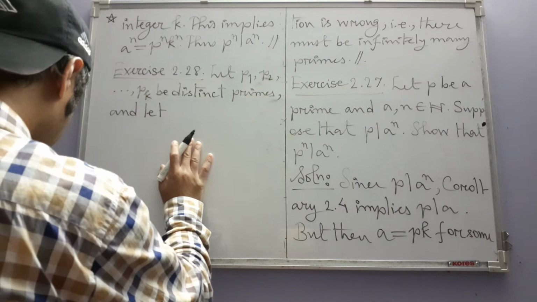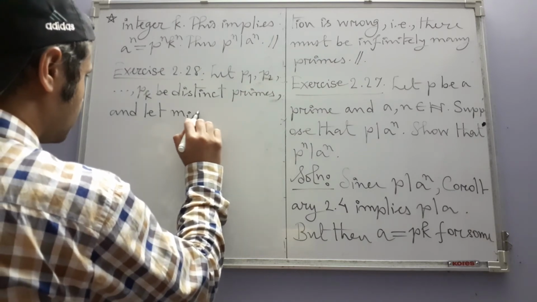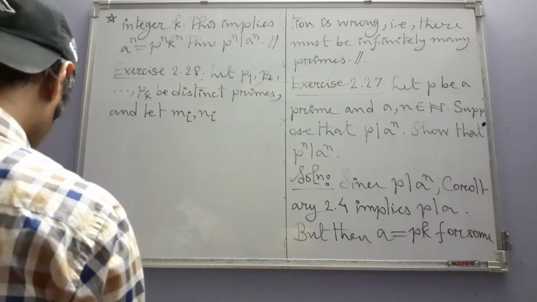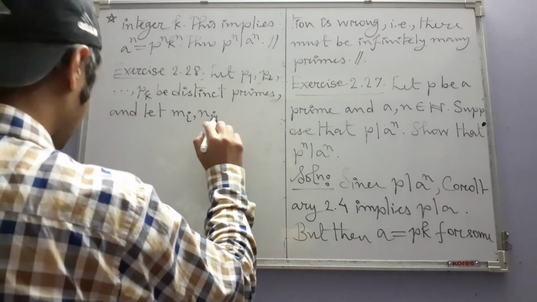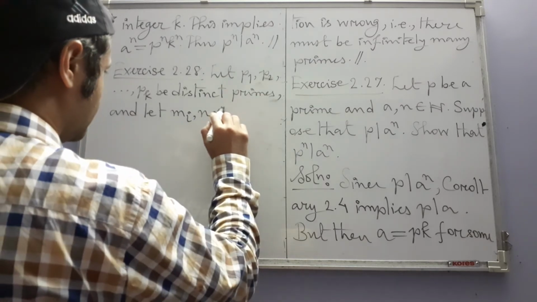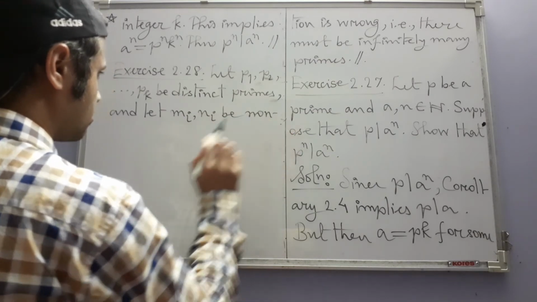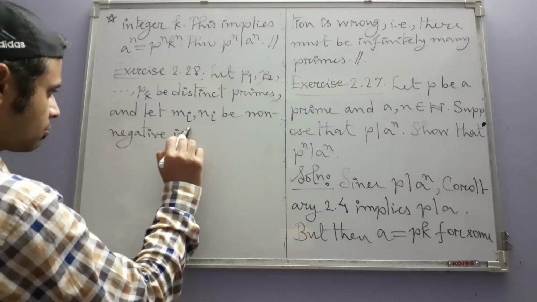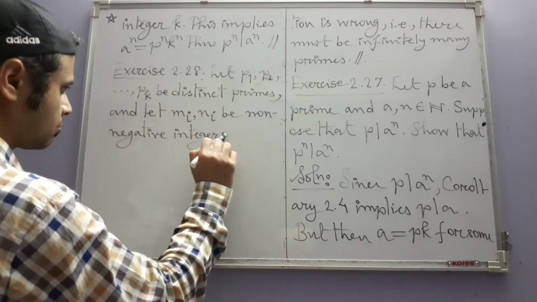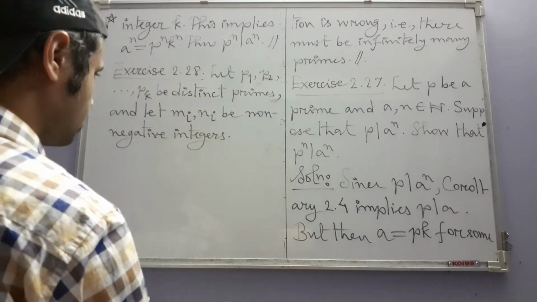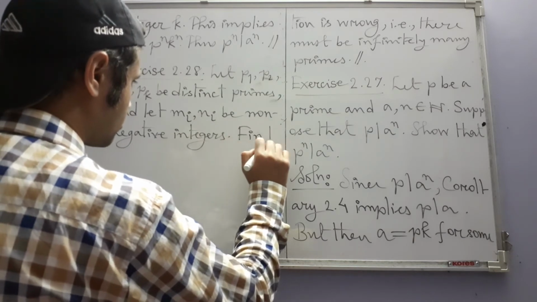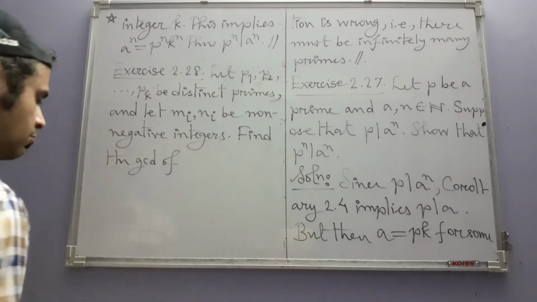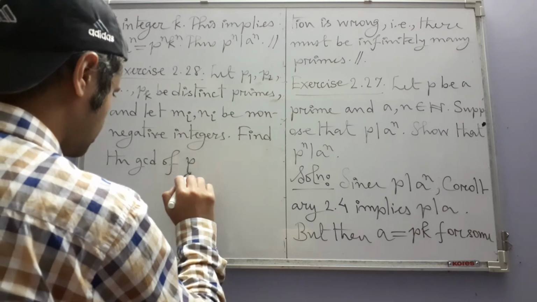And let mi, ni, where i of course is varying from 1 through k, be non-negative integers. Find the GCD of these two integers.